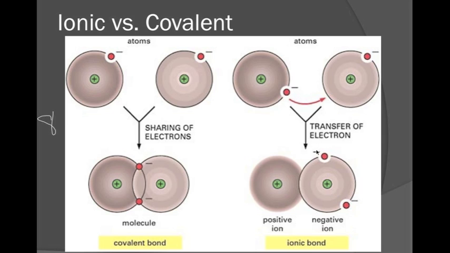One of the main things we need to know is that ionic is between a metal and a non-metal, and covalent is between a non-metal and a non-metal. So ionic: metal, non-metal. Covalent: non-metal, non-metal. Ionic has the transferring of electrons, and covalent has the sharing of electrons.